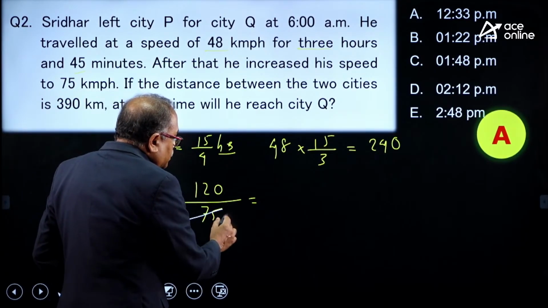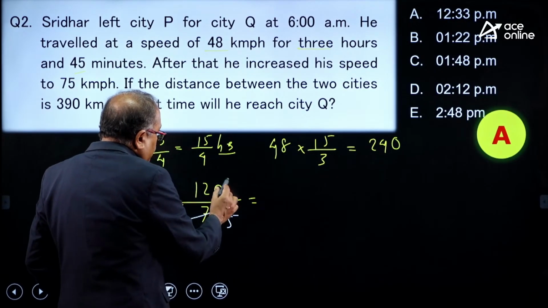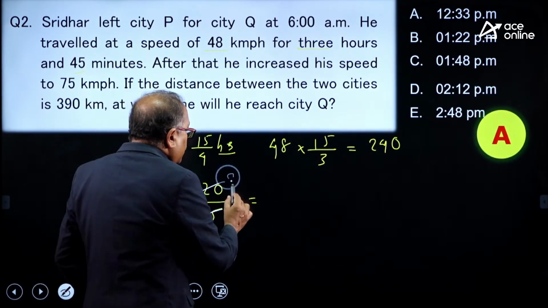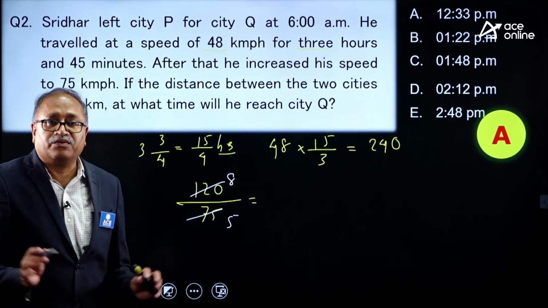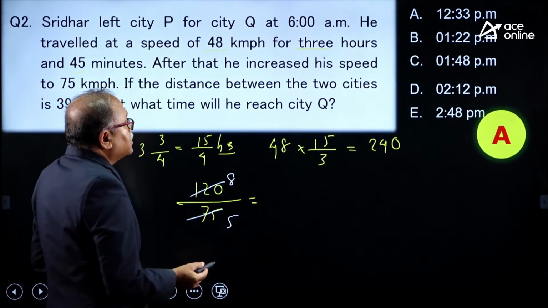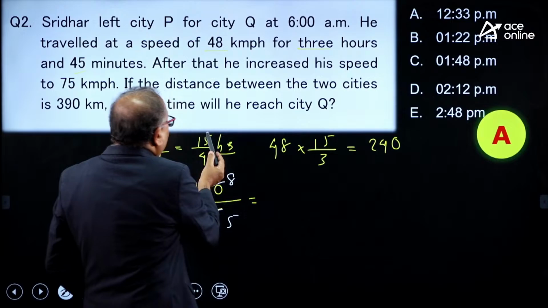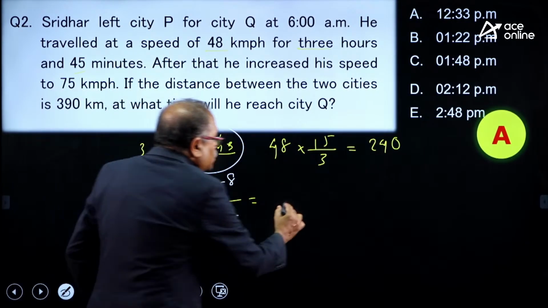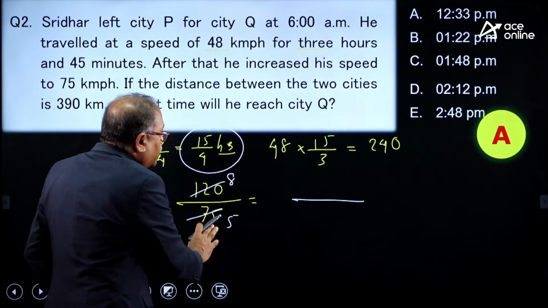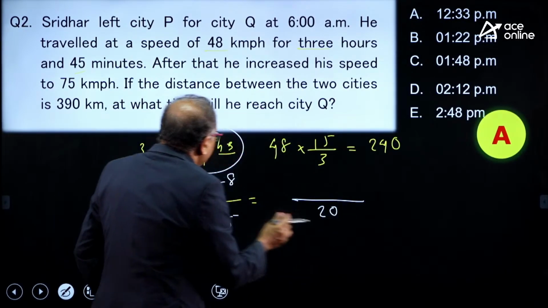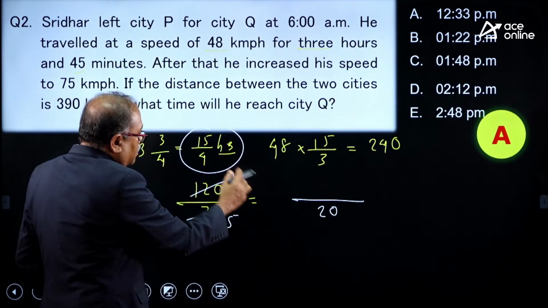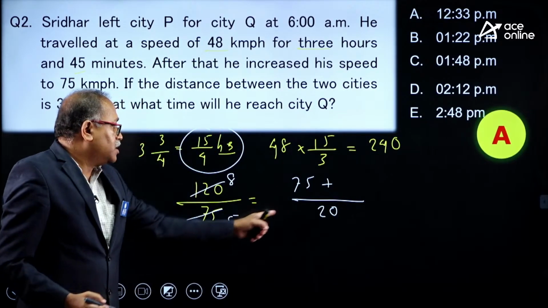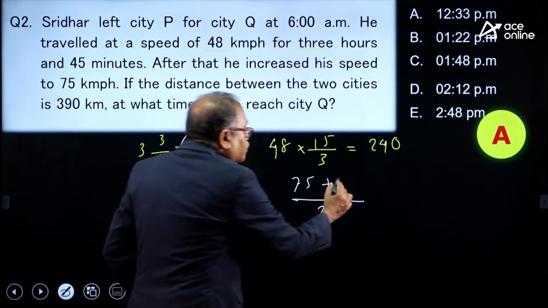So, I am getting the final result over here. With 15 this gets cancelled 5 times, and this 15 gets cancelled 8 times? So, 8 by 5 hours. So, what is the total time? Total time is the initial time 15 by 4, plus here 8 by 5. I can take the LCM, that is 4 and 5, the LCM is 20, and 15 times 5 is 75, plus 4 times 8 is 32.